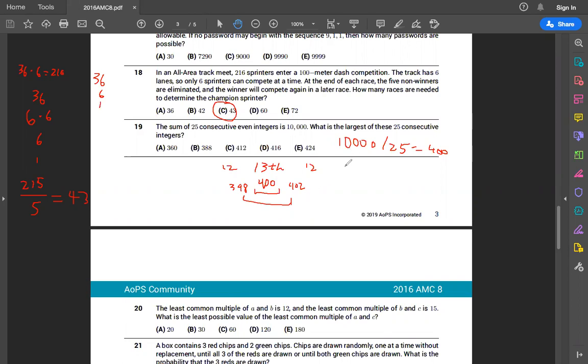So we want to find the last number, and that means we just have to add 2, the number of times that are in between them. And since we need to add 2 12 times, our final answer would be 424. So since there are 12 numbers to the right, we add 2 12 times.